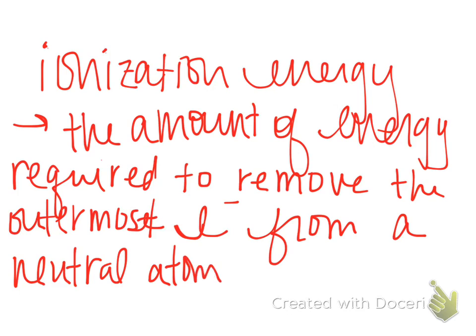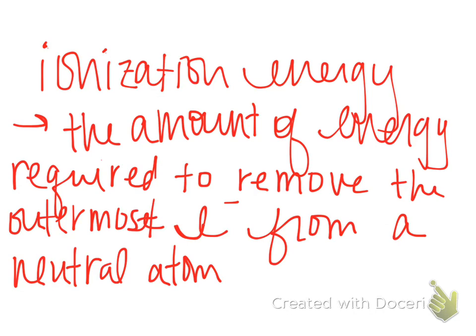So why would it be called the ionization energy? What does ion mean? Like a charged particle. That's right. An ion has to be a charged particle. So the reason it's called the ionization energy is it's the amount of energy required to make it an ion. Right? That's what we're talking about here. We're going from a neutral atom. We're taking away an electron. So what type of ion would that be?